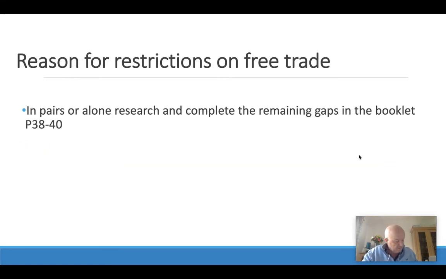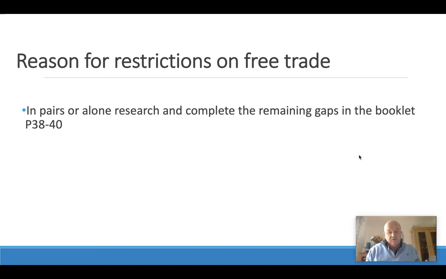So if we take a look at the reasons for restrictions in free trade, remember that we've got these gaps to complete in the booklet. I'd like you to take a look at that from page 38 through to 40. In most instances, you've got the explanation of the reason for the restriction in free trade, but then I want you to consider what might be a good thing about that, what might be a bad thing about that.